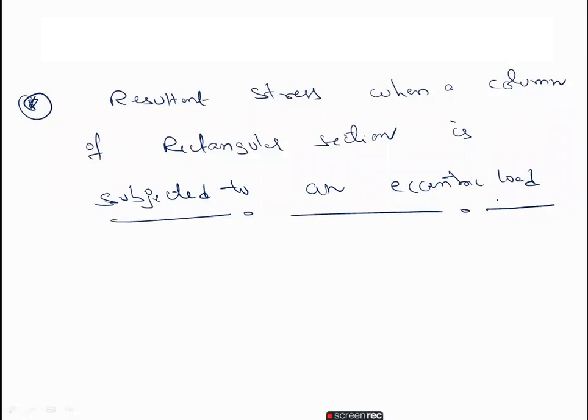So in this case, my dear students, please look into this one. Here we have to calculate the resultant stress when a column of rectangular section is subjected to an eccentric load. So now I will draw that one.